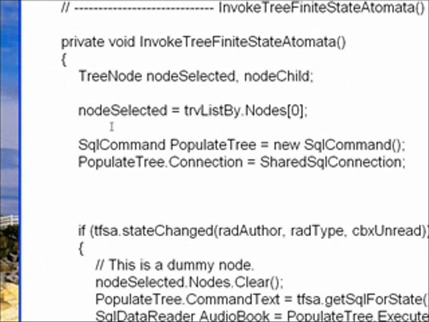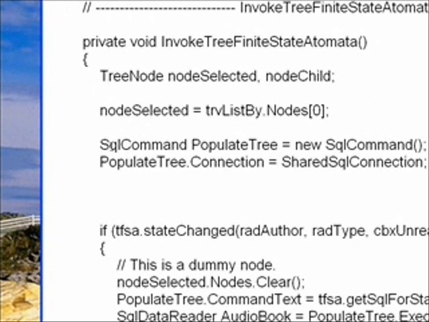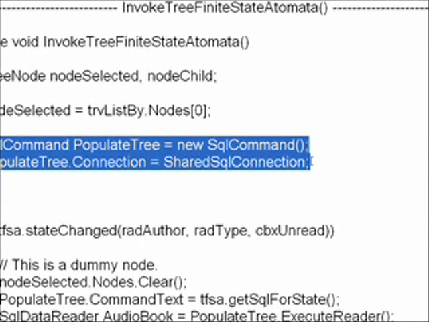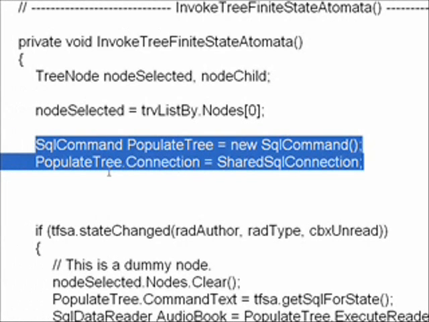So after we assign the node selected, we create the Sql Command Object, which is the same as the previous lesson, and we assign it to the shared connection.